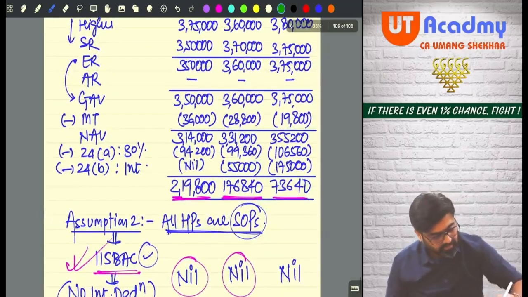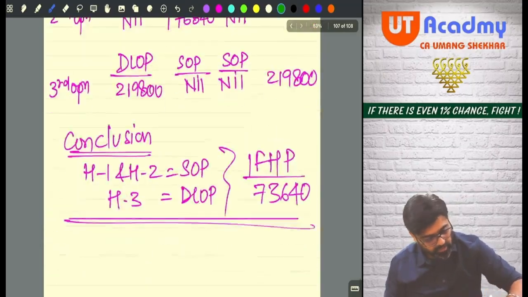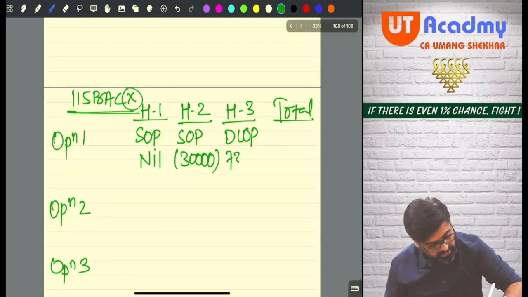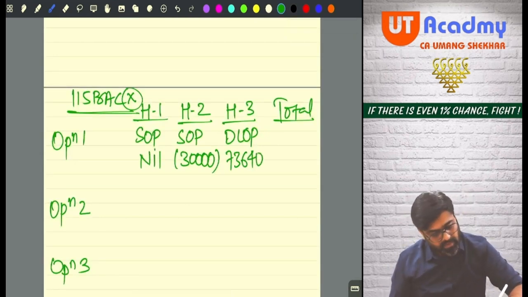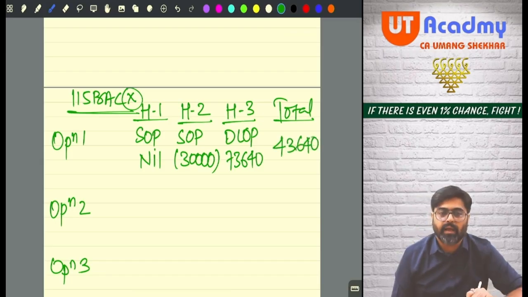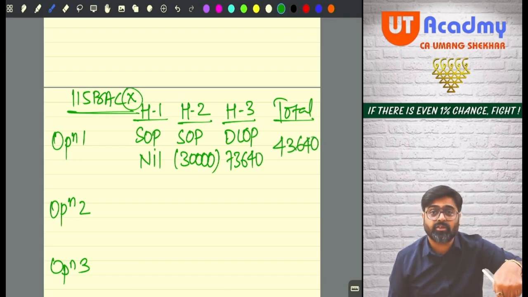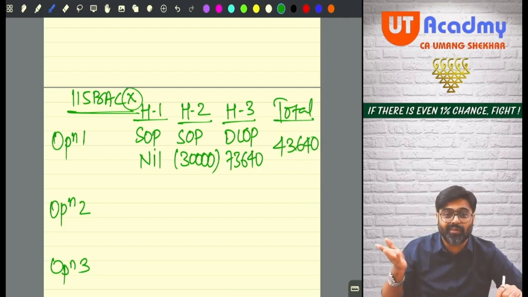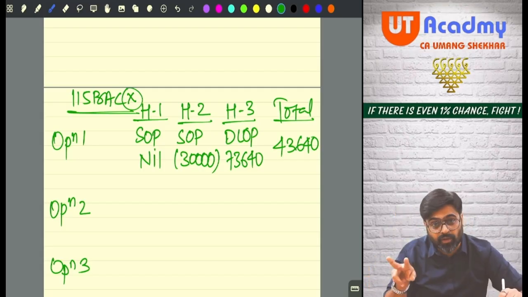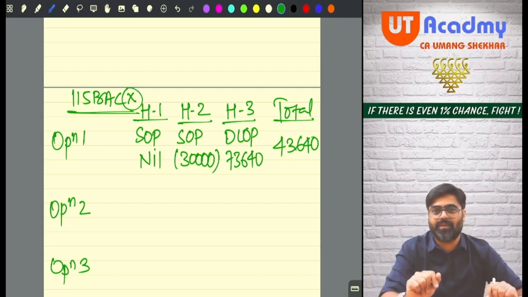How much is that? 73,640. Now how much tax will I pay? Here it will be 43,640. I will have to pay tax on 43,640. This will be my taxable income if I treat house 1 and house 2 as SOP and 3 as DLOP.